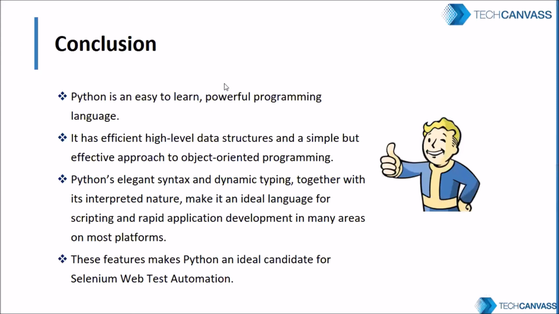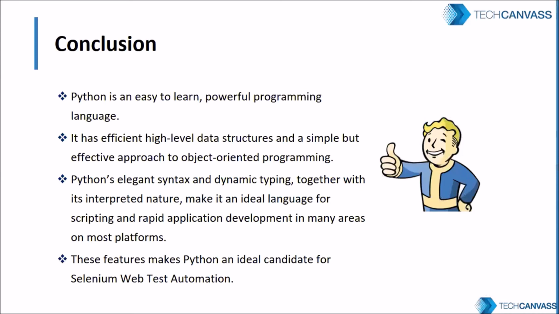Conclusively, we can say that Python is an easy to learn and very powerful programming language. It has efficient high level data structures, like lists, etc., and a simple but effective approach to object oriented programming. So there are predefined data structures also, apart from modules, which can be readily used in Python.